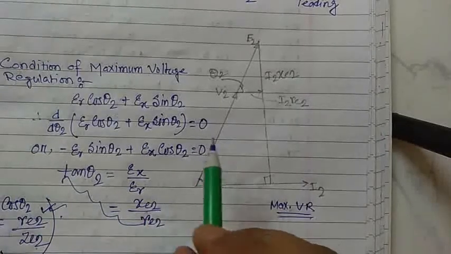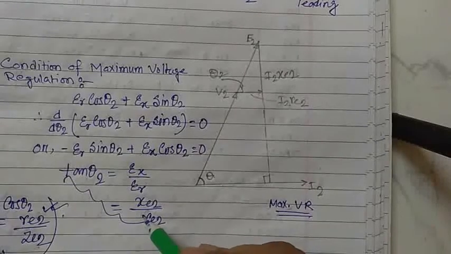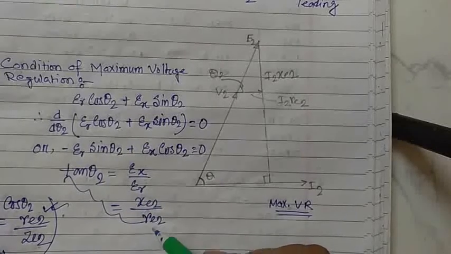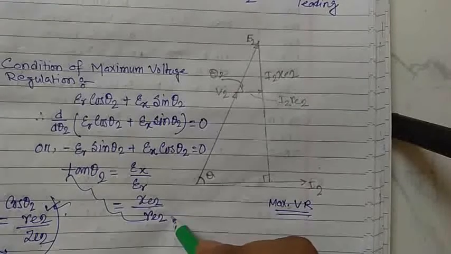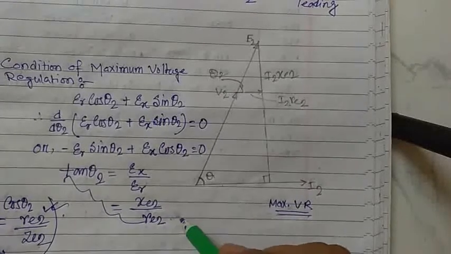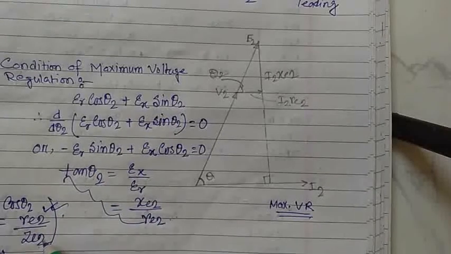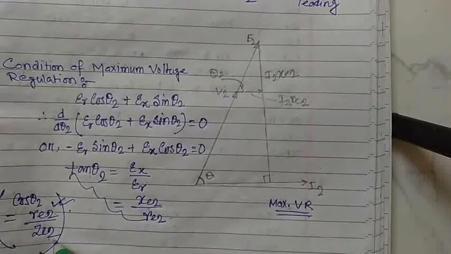Again, remember that as the tan theta 2 value is positive, maximum voltage regulation occurs in the lagging power factor condition, and the power factor at that time is Re2 by Ze2.